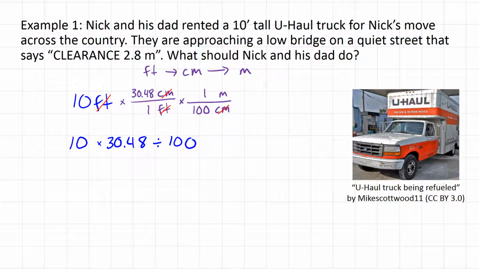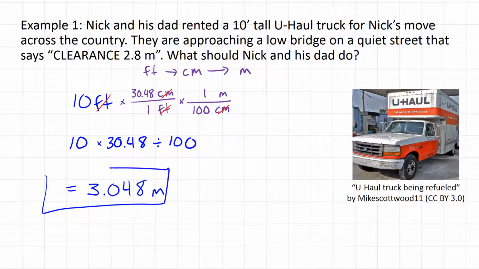And so let's do these in our calculator. I get 3.048 meters. So the truck is too tall. They should turn around, find an alternate route because they're not going to fit under the bridge.